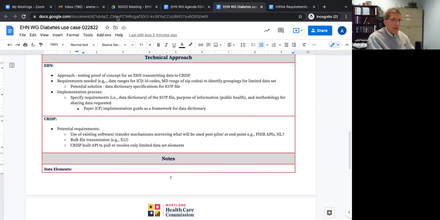And because networks and HIEs are very different, being able to figure out what that looks like and what's needed to make that work is equally as critical. So that's an area we really want to focus on as much as we can during this call today, but not dismissing your points whatsoever.